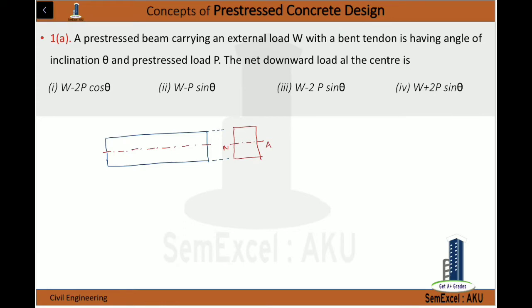Now if a pre-stressing cable is provided at the center line, at the CG line, and this cable is kept at a position with the help of some end arrangement, this is known as the anchorage block, or also called the end block.